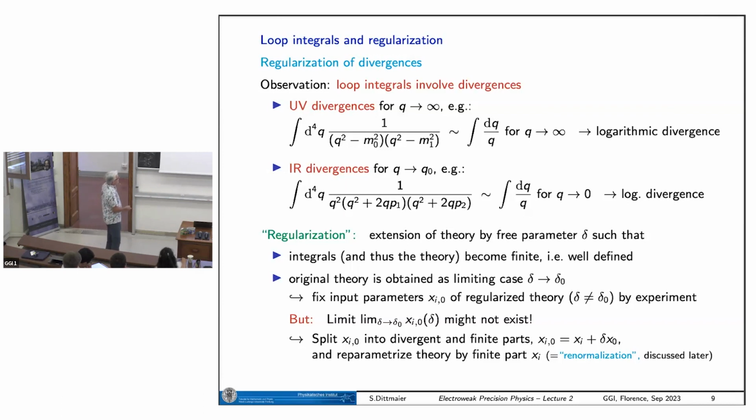And when I go back to any value, I called it here delta 0, then I get back my original theory and the integrals diverge. Which means that I have something, for example, when I tune everything that the delta 0 is 0, I could have a log of delta. So log delta is fine as long as delta is not 0. But when delta approaches 0, I get a logarithmic divergence, which could be actually the case here.